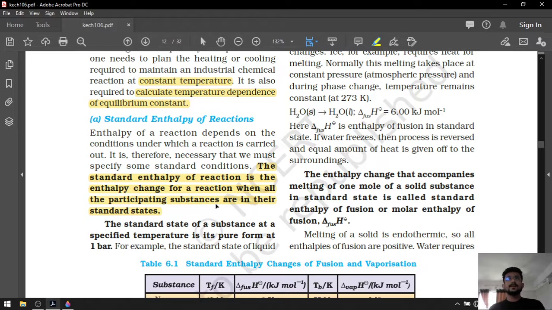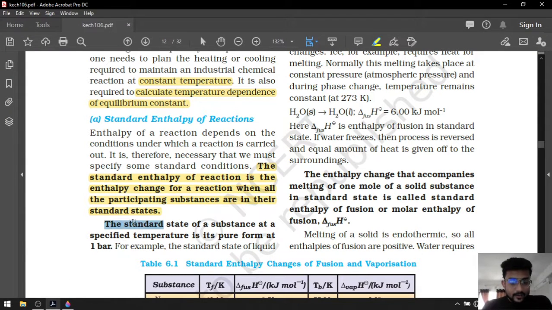Standard state means, for example, water has a standard liquid state at 1 bar pressure and 25 degrees Celsius. So 25 degrees Celsius is the standard temperature for us and 1 bar pressure is the standard pressure for us.